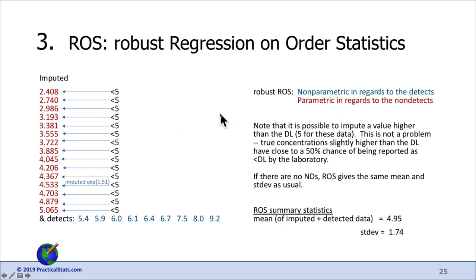You can't get into as much trouble here, especially for estimating the mean and things like a confidence interval on the mean, because the mean is more strongly affected by the higher numbers, which we know, than the lower numbers that we don't know. So ROS has some of the properties of a distributional method, including I can extrapolate below this detection limit. And that gives me an estimate without just calling it the detection limit itself.